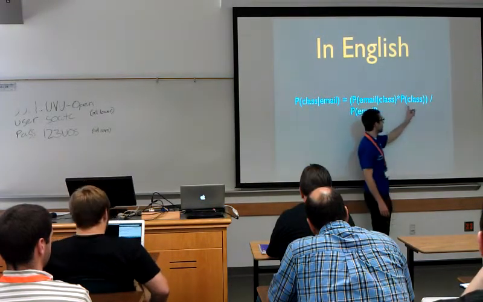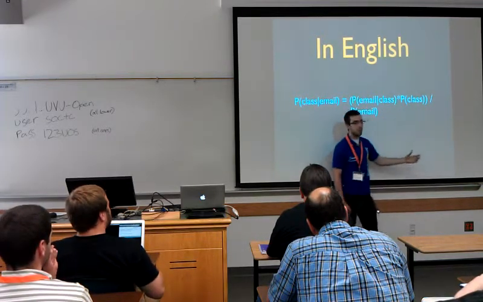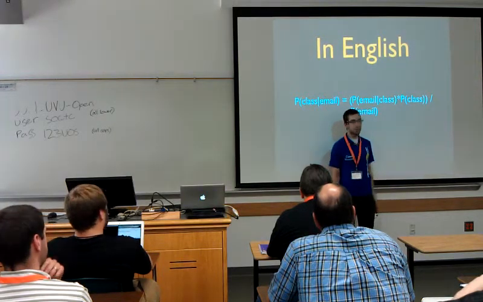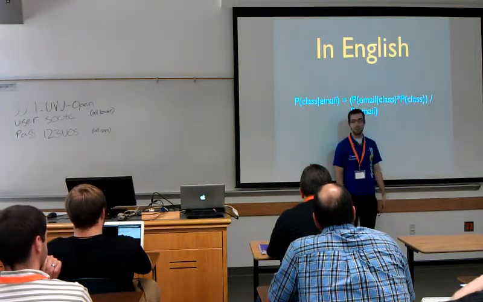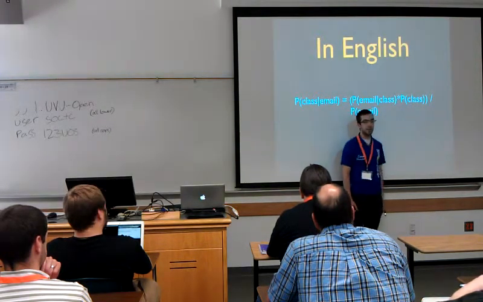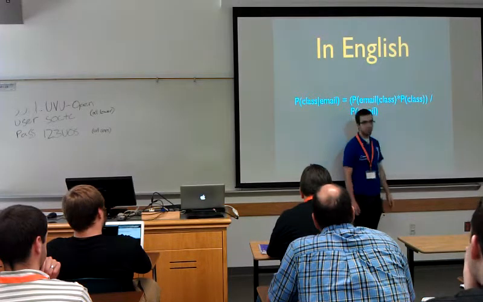First of all, what does the probability of the class mean? This is just what you think the probability of getting spam or not spam is before you see anything about the data. This is called your prior. If you think that 99% of email is spam, then the probability that the class is spam would be 0.99. The probability that it's not spam will be 0.01. Does that make sense?